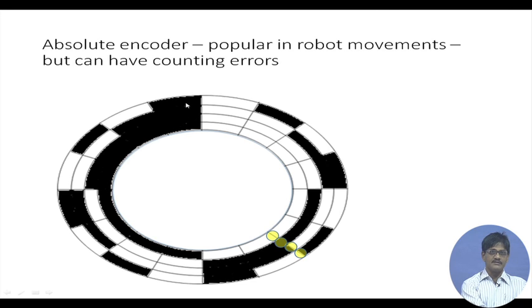So, first it reads 0, 0, 0, 0, then 0, 0, 0, 1, then 0, 0, 1, 0 which is 2, then 0, 0, 1, 1 which is 3, etc. 4, 1, 0, 1, 5, 1, 1, 0, 6.